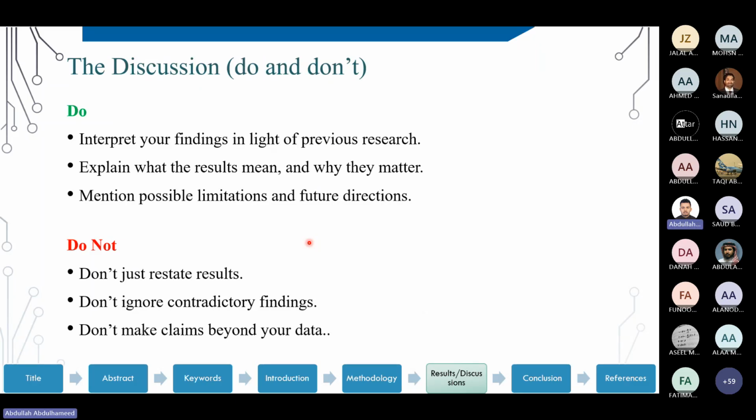For the discussion, also there are a few things you need to do and to avoid. For example, in a discussion, maybe you need to compare or to interpret your findings in light of previous research. You are getting some good results. Maybe you need to compare with a previous study, or cite some previous study to validate or support your results, because sometimes you have a result, but you are not sure if it is good or not.